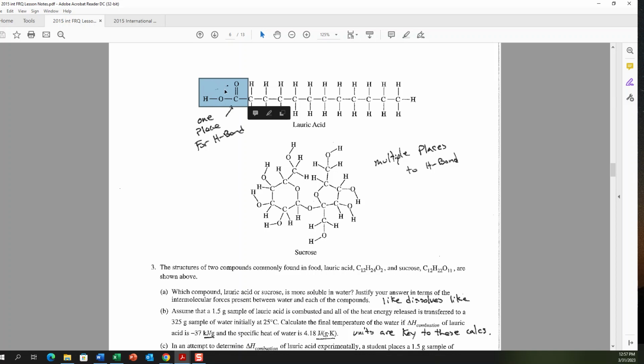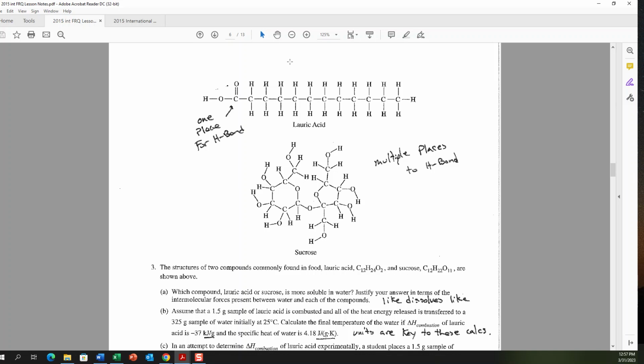But if we thought about a mixture of these molecules all combined together, there'd only be one site where hydrogen bonding could take place, and the rest of it would be London dispersion forces. Whereas in this molecule, that's a place where we could have hydrogen bonding, that's a place, that's a place. So probably a lot more hydrogen bonding going on in this molecule versus that molecule. So if it came to boiling point, I would probably go with sucrose over the lauric acid.